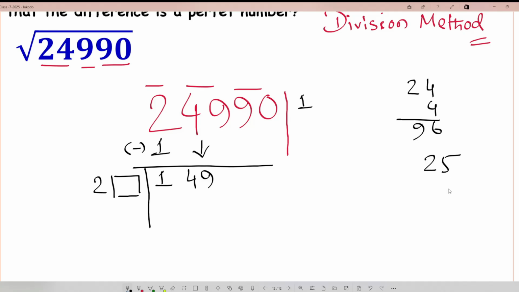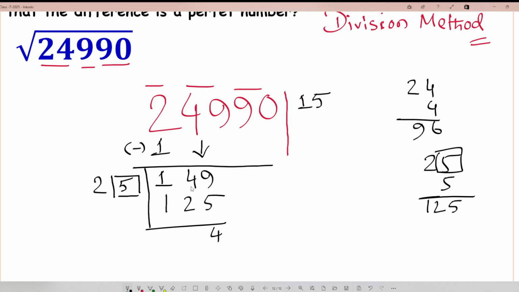If we use 5 in this space, 5 times 5 is 25, so we keep 5; 5 times 2 is 10, 10 plus 2 is 12, so 125. So we can use 5, right? The quotient also gets 5, and here it is 125. Now 9 minus 5 is 4, 4 minus 2 is 2, 1 minus 1 is 0.